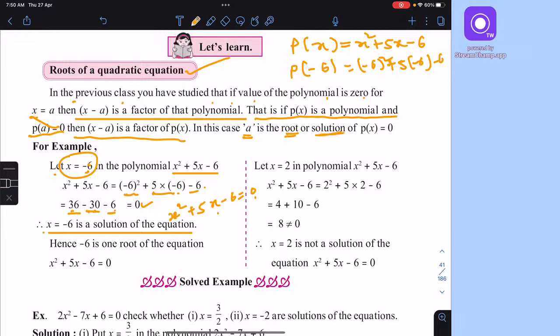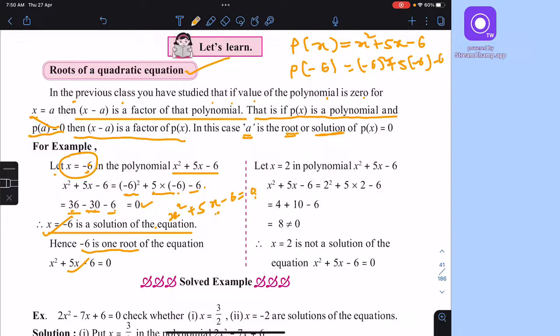And therefore, x equal to minus 6 is a solution of the equation. So we can say that the solution of an equation is that value of the variable which satisfies the equation. Putting that value for the variable, we are getting a balanced equation. Left hand side, right hand side is equal. And therefore minus 6 is one root of the equation. We don't know whether there is another root or not, but at least minus 6 is a root.